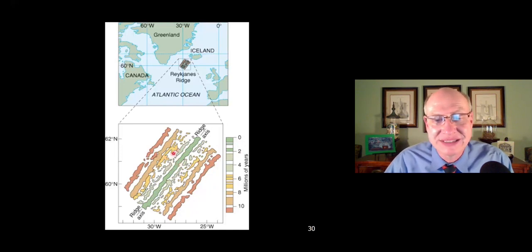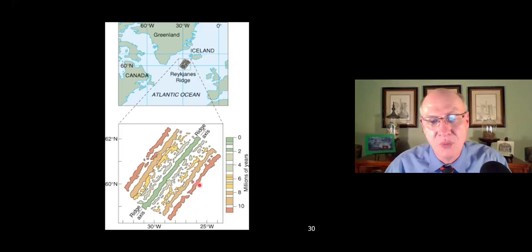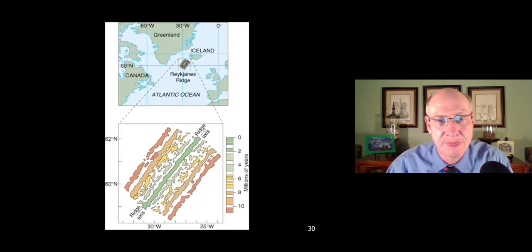These rocks are about 6 million years old, these are about 8 million years old, and these are over 10 million years old. A perfect example that new rocks are being created at the ridge, and they're getting pushed away, and as they get pushed away, as they get older, new rocks are always coming in at the ridge.